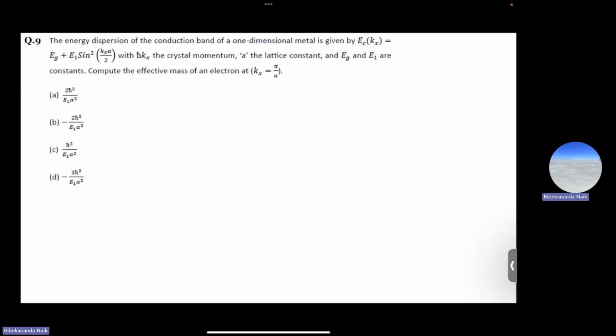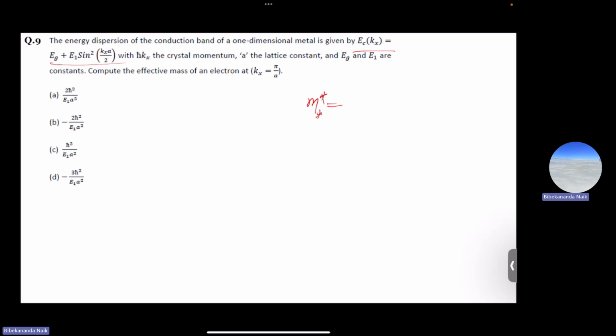So E is given. E is a function of k x. We need to find out the effective mass, which is called m star. The options are option A 2 h cross square by E 1 a square, option B minus 2 h cross square by E 1 a square, option C h cross square by E 1 a square, and option D minus 3 h cross square by E 1 a square.